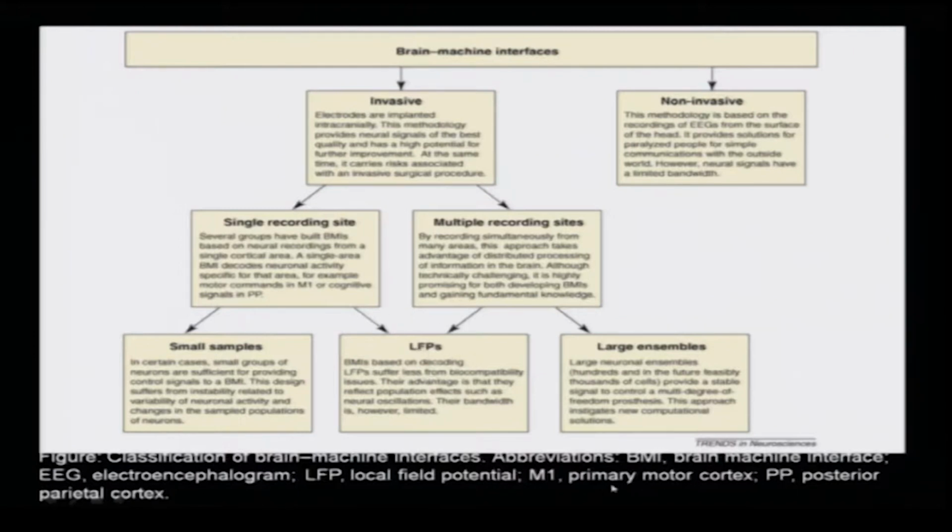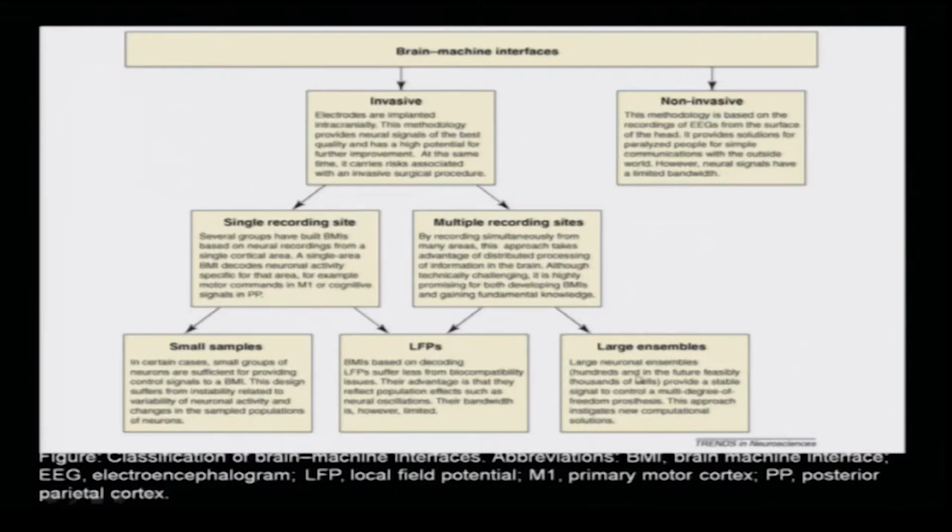You could follow the code underneath the abbreviation: BMI, the brain machine interface, EEG is the electroencephalogram, LFP is the local field potential, M1 is the primary motor cortex, PP is the posterior parietal cortex. So you have these LFPs, where the brain machine interface based on decoding the LFPs suffer. There is another problem, I will come to that.